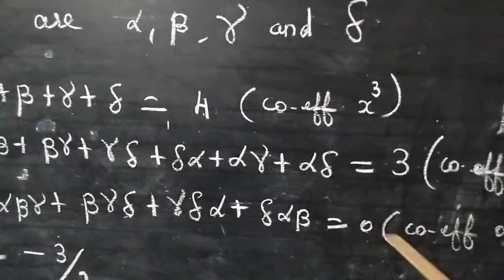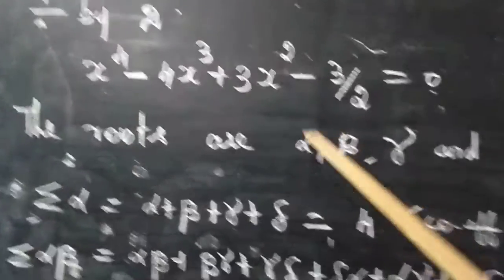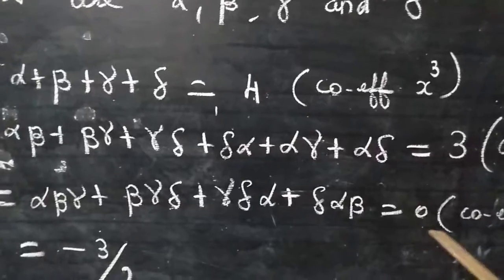So here this is the coefficient of x. Here there is no x term, so we are writing the coefficient as equal to 0.